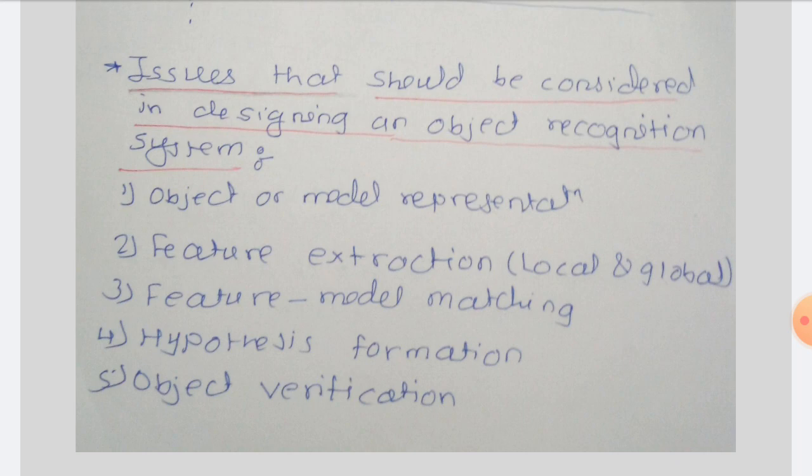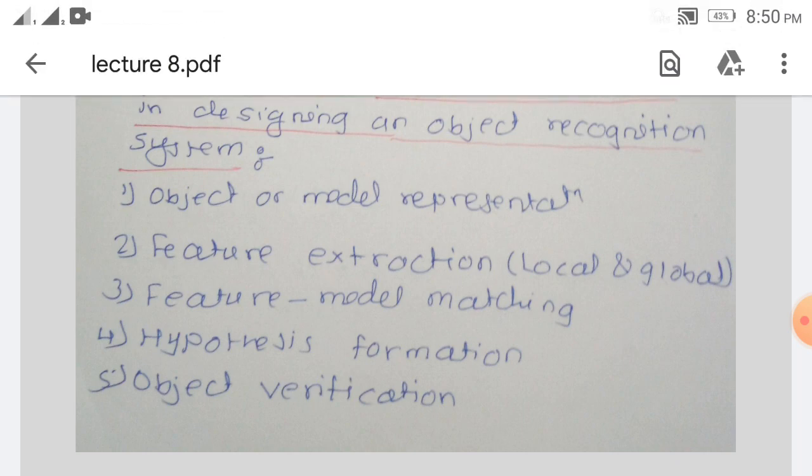And the fifth one is object verification. How can the object model be used to select the most likely object from the set of probable objects in a given image? If the models are geometric, it is easy to precisely verify the object using camera location and other scene parameters.